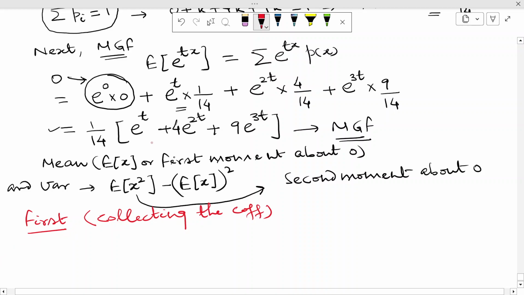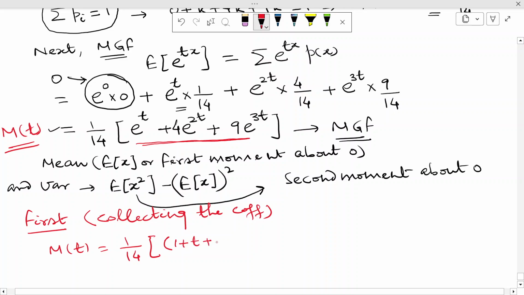For that we have to expand this moment generating function. If I represent it by M(t), it can be written as 1 by 14, and using the expansion of e to the power t, we can write this as 1 plus t plus t square over factorial 2 and so on, because we need only the first and second moments, so I am expanding only up to t square.